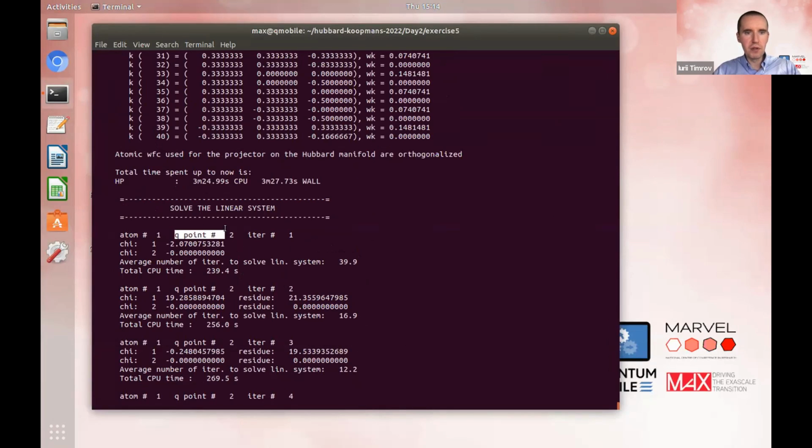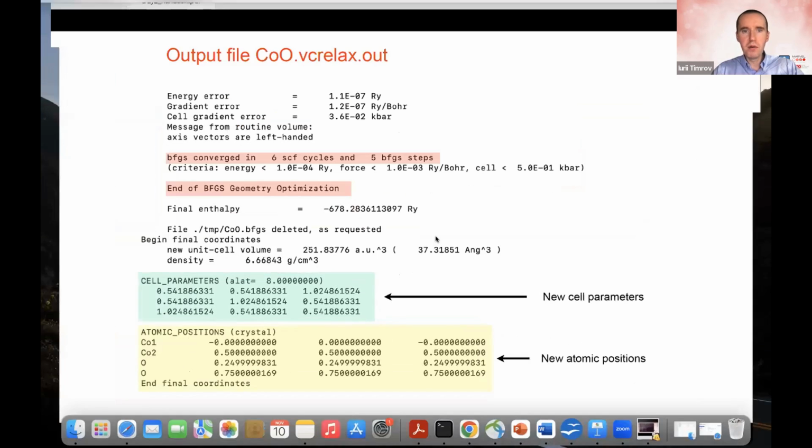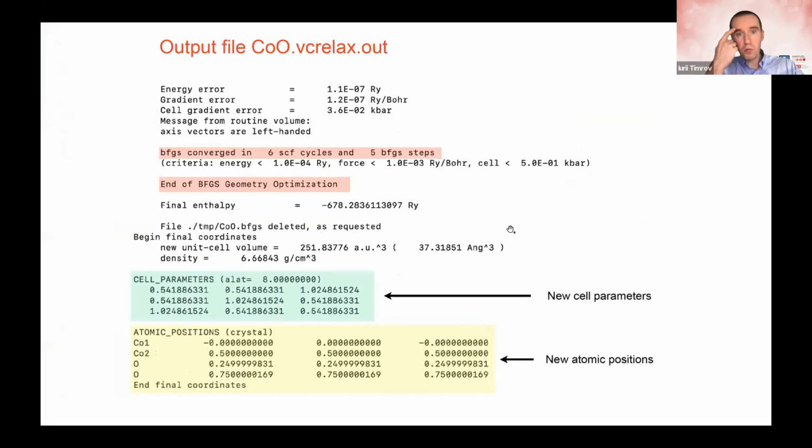You see Q point number 2, and it reached already iteration number 4. It goes slower because for this Q point we have fewer symmetries, so that's why the code takes more time to converge. So yes, it takes time, which we don't have now. But once the HP calculation is finished, we can perform the VC relax calculation.